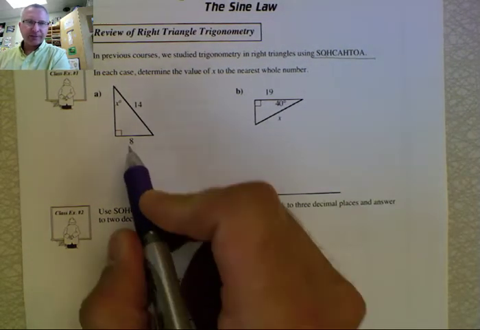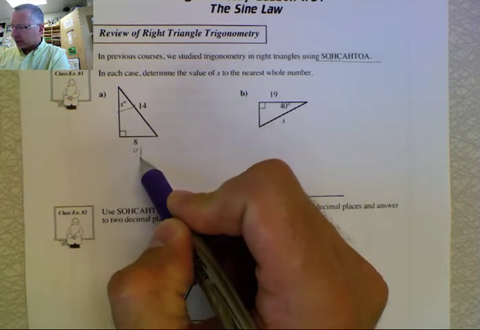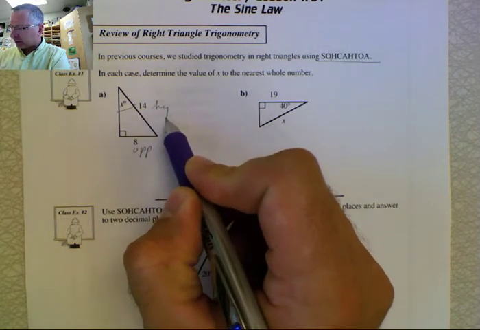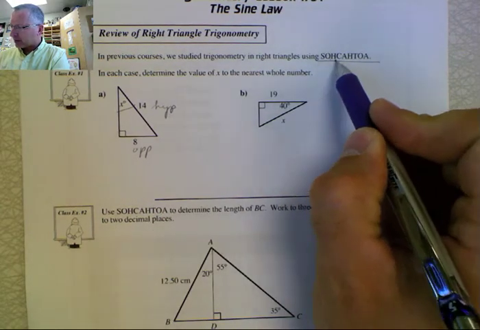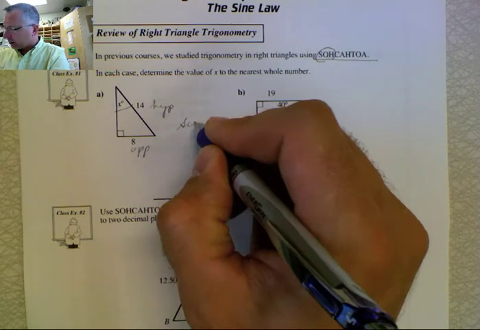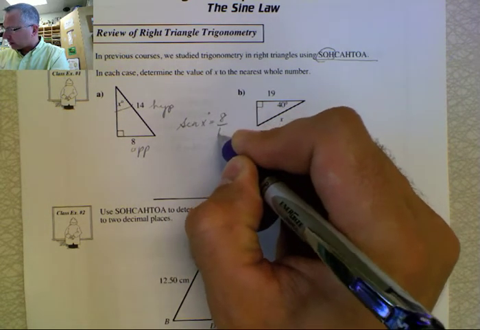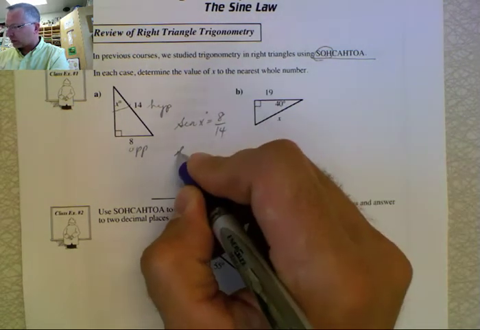In this question, they want us to find angle x, and we know the opposite side and we know the hypotenuse. So opposite and hypotenuse in this case is sine. So we know the sine of x degrees is the opposite, which is 8, over the adjacent, which is 14.